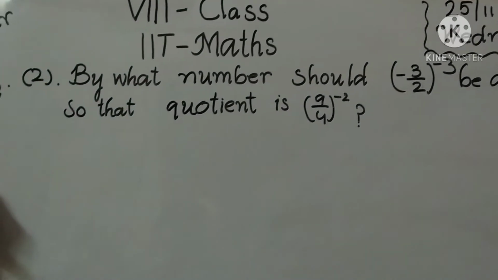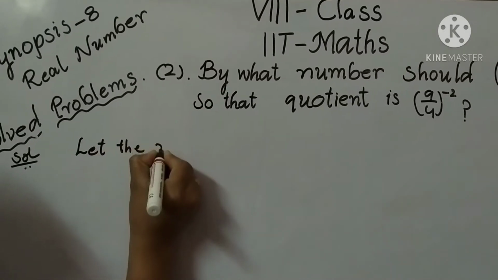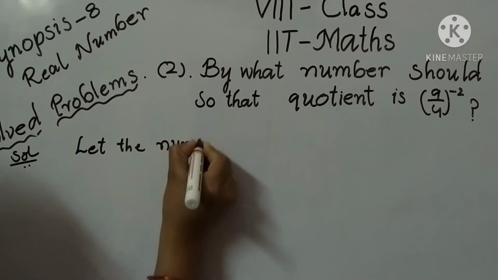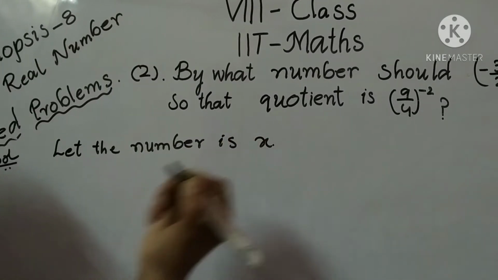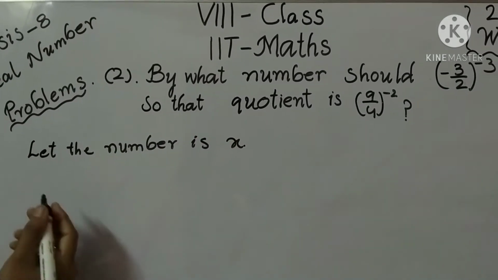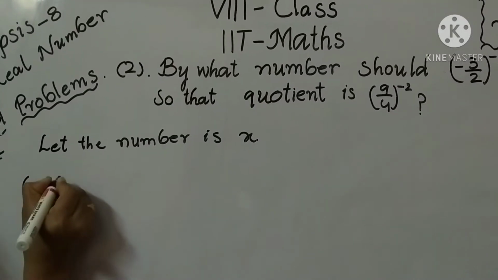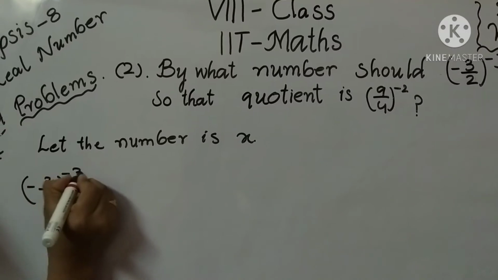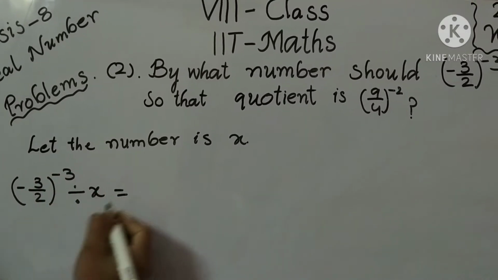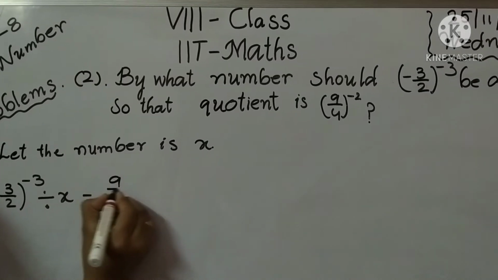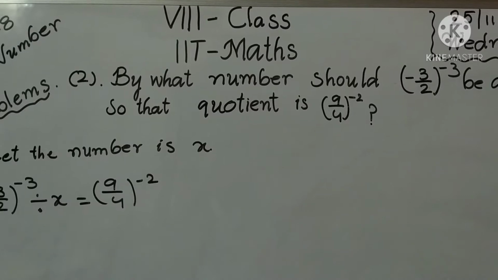Now let the number be x. According to the problem, (-3/2)^-3 divided by x is equal to the quotient (9/4)^-2.